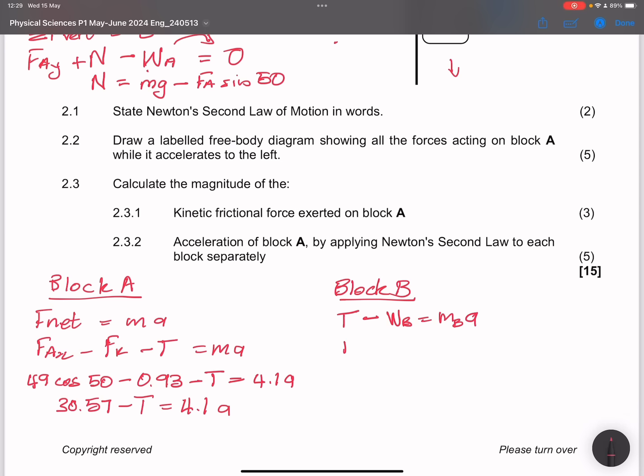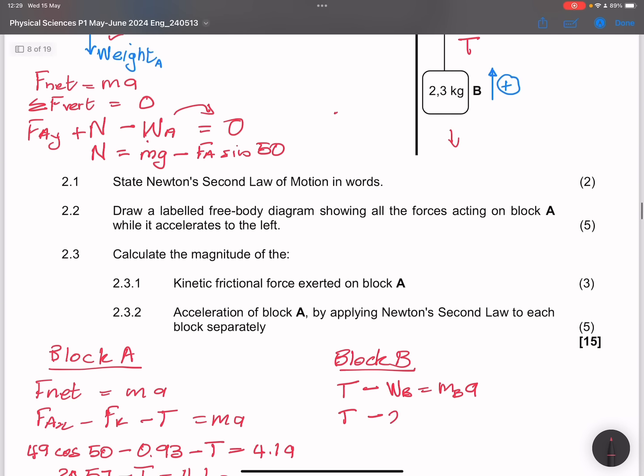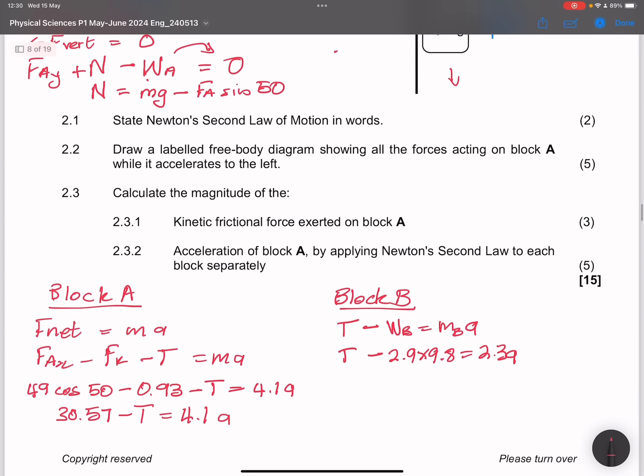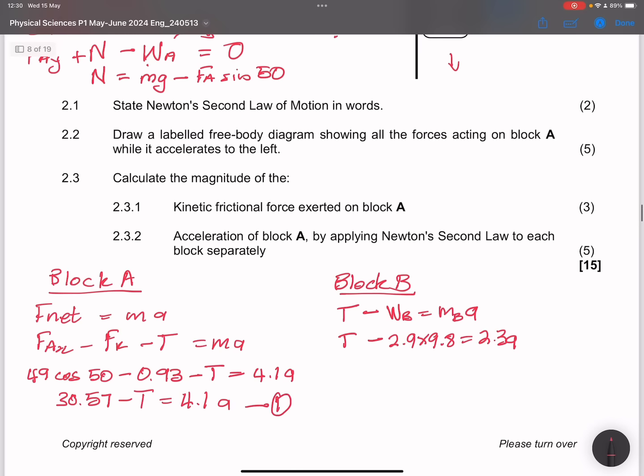So that's tension, we don't know it, minus the mass of B, 2.3 times 9.8, equal to 2.3a. Let's say this is our equation 1, and that is equation 2.